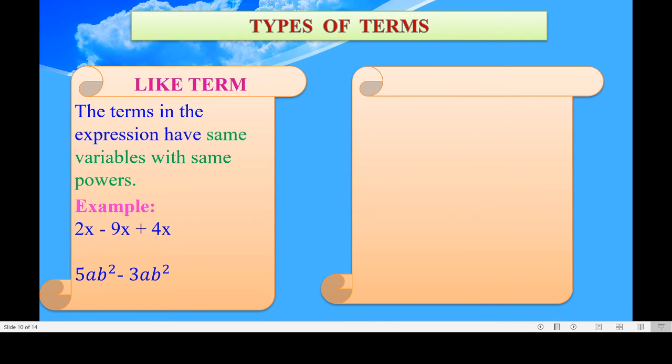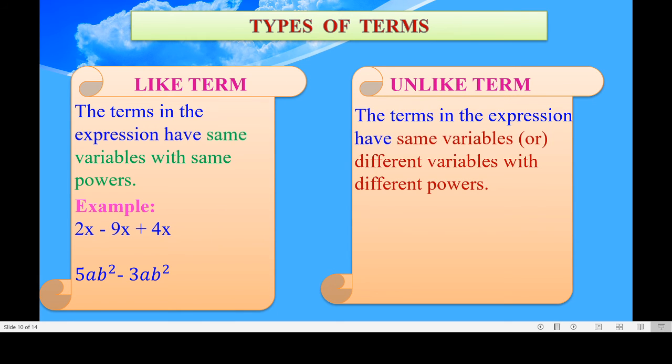The next type is called unlike terms. The terms in the expression have the same variable or different variables with different powers. Let us consider some examples. 4xy square minus 6x cube y plus 6xy. In this example, we are having the same variables x and y, but the powers of the terms are going to be different.